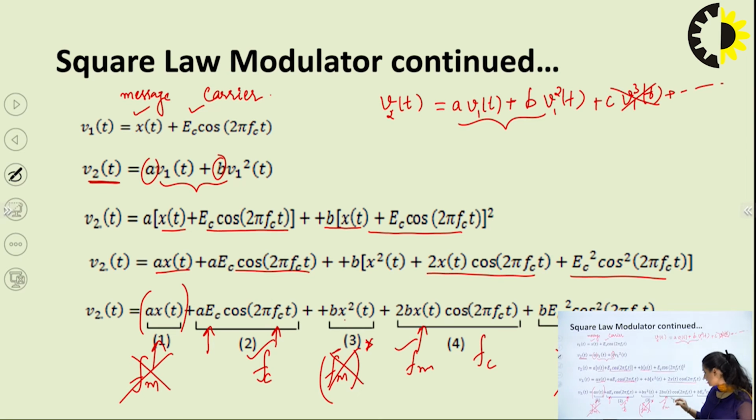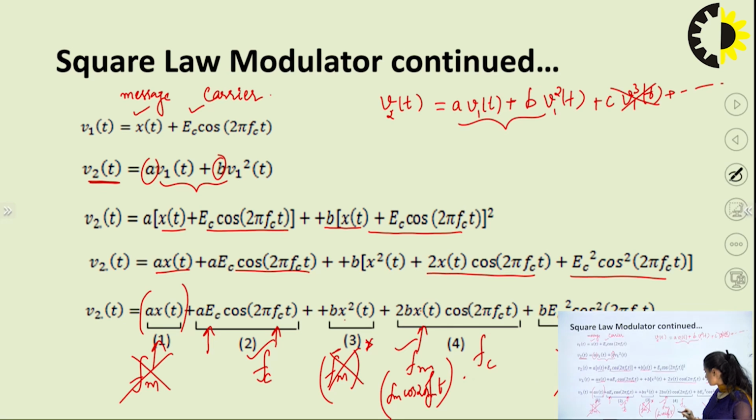What does it mean? See here, when I expand this XT, I get cos 2 pi FMT, and this is cos 2 pi FCT.